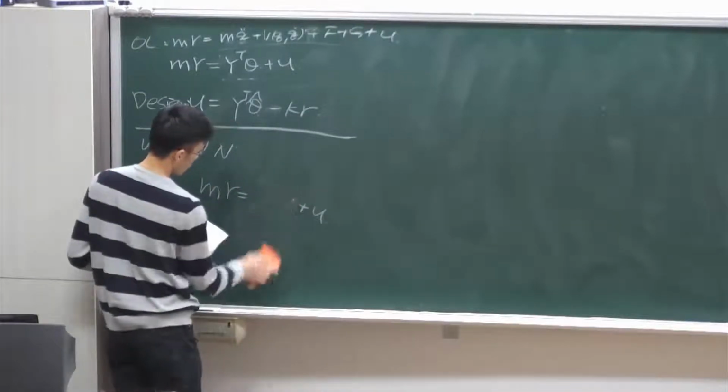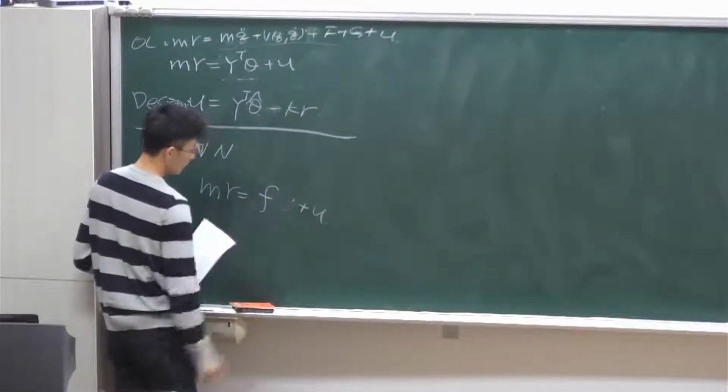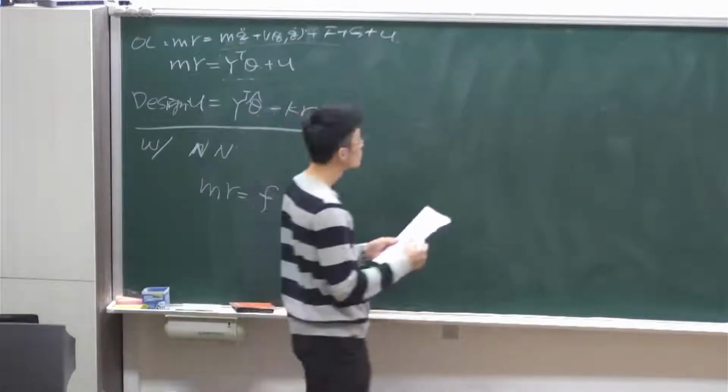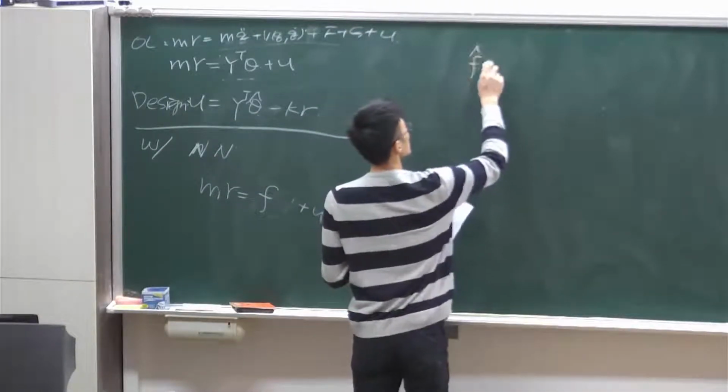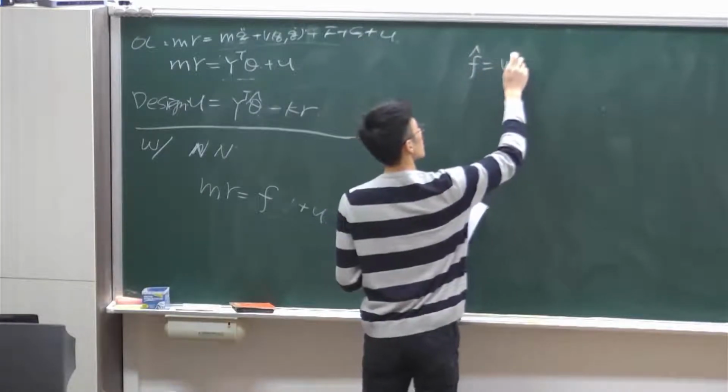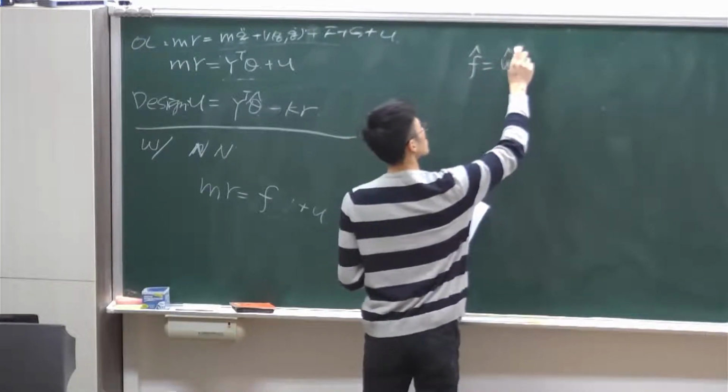So assume we say it's F, another nonlinear function, okay? And we want to use a neural network, which is W hat transpose.